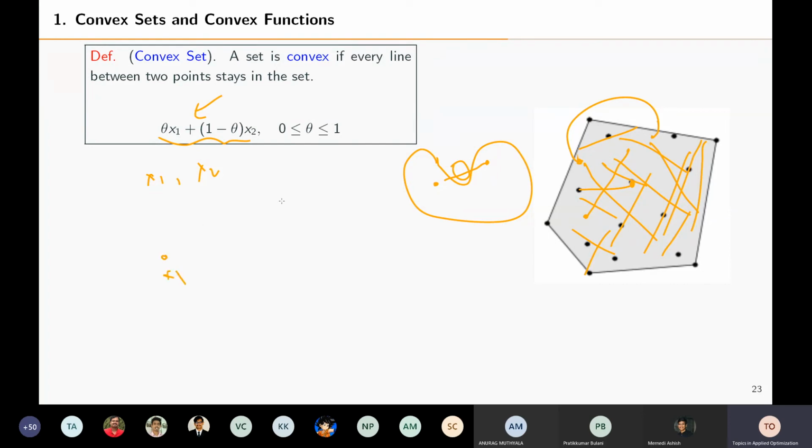So if I have x1 here, if I have x2 here, then at theta equals 0, I'm here. So the line is like this.